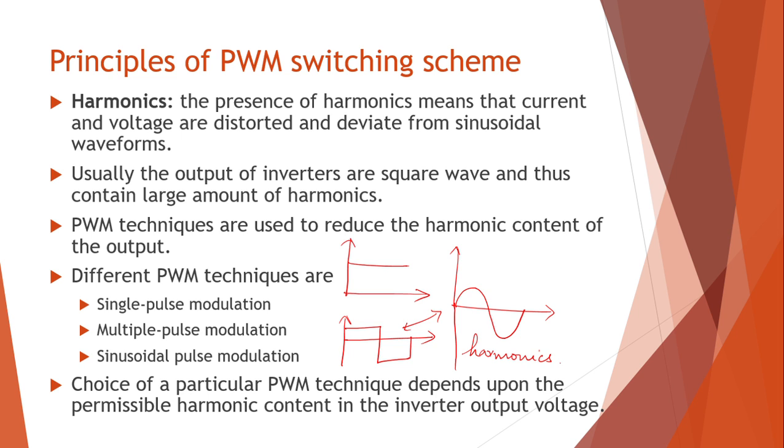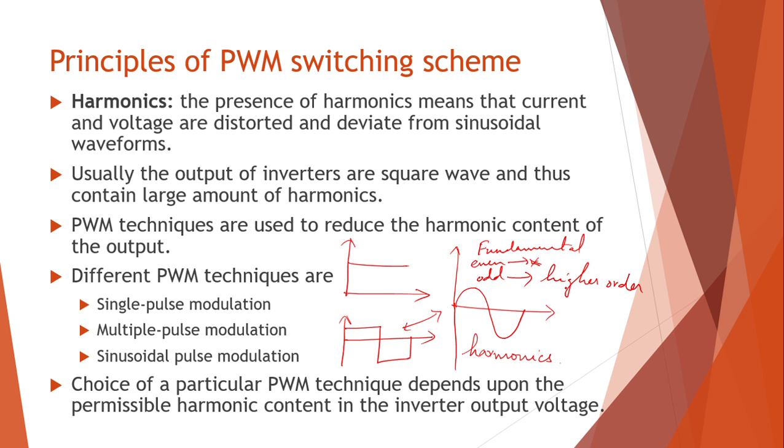Only the fundamental harmonic, or the fundamental frequency, is desirable. In the case of harmonics, the even harmonics are not present or not considered. Only the odd harmonics give the undesirable effects. And among the odd harmonics, the higher order harmonics are okay.